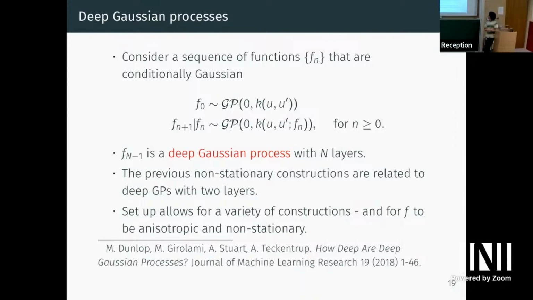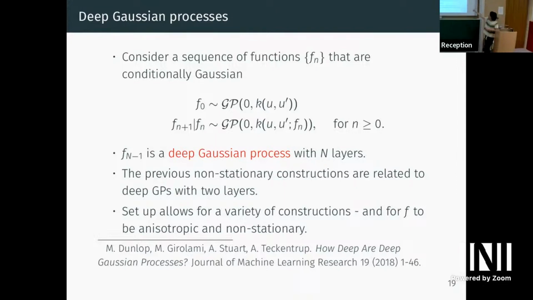So one method to do this is using deep Gaussian processes. The deep Gaussian process is a sequence of functions that are conditionally Gaussian.